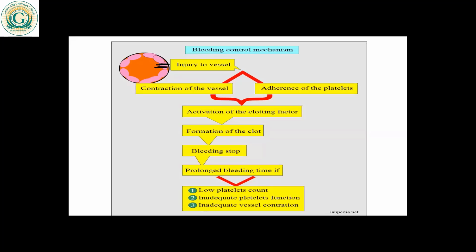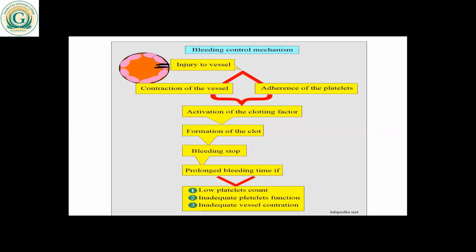When constriction happens, we have adherence of platelets and clotting factors, forming a sticky plug. Then we have activation of the other clotting factors that enable fibrin to be formed at the end. This fibrin helps formation of a clot and therefore stops bleeding.